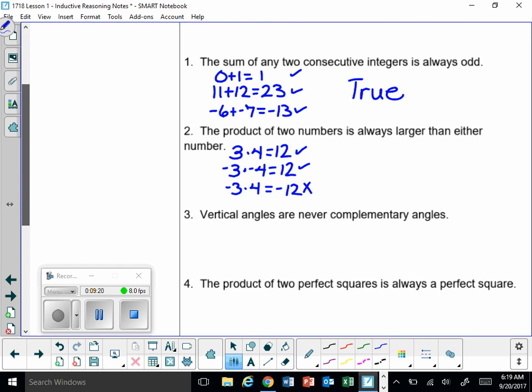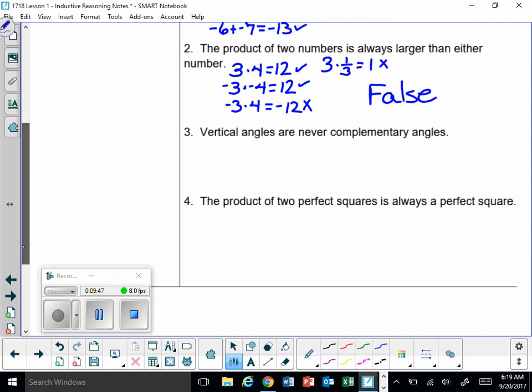They didn't say we were limited to integers, they just said two numbers. So what about fractions, right? 3 times 1/3 is 1. That's definitely smaller. You only need one false example. As soon as you can find a false example, you can say false. One counterexample is all you need.